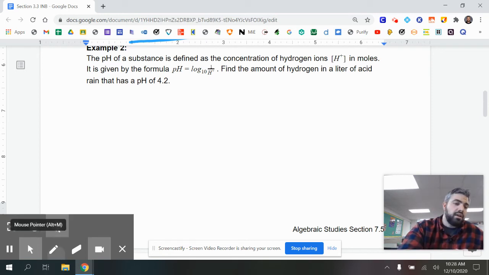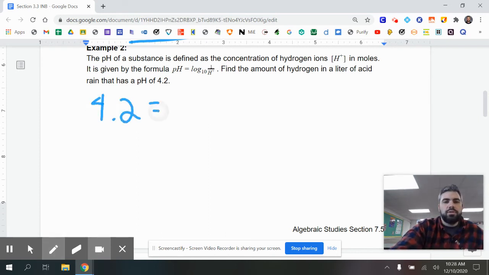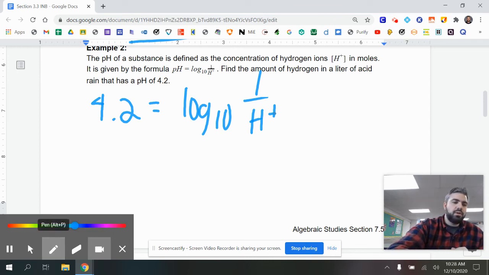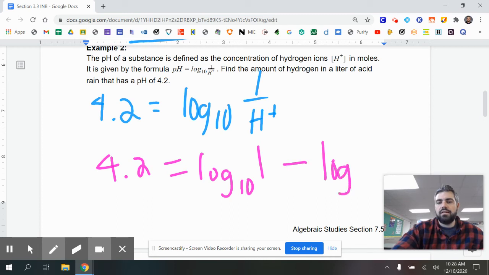So really they're saying, okay, if I let my pH be 4.2, so 4.2 is equal to log base 10 of 1 over H plus. Well, according to our quotient rule, we can rewrite this 4.2 as log base 10 of 1 minus log base 10 of H plus.